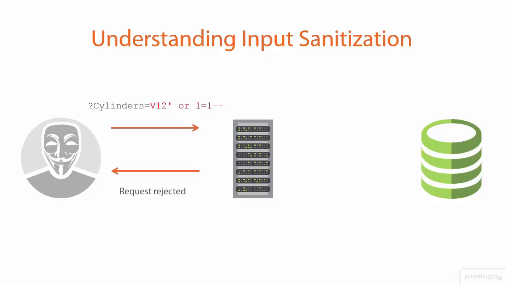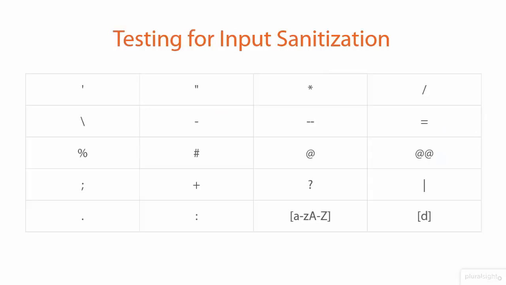So getting back to the sort of things that you want to be looking for as an ethical hacker, let's go and have a look at a whole bunch of different character ranges that you should think about for testing input sanitization. Here are some good examples of characters that are often used in SQL injection attacks. We've seen some of these already, so things like single quotes and dashes and equal signs.